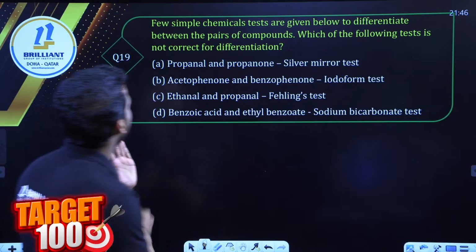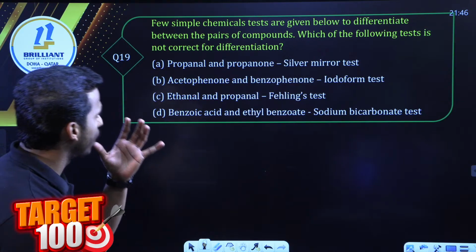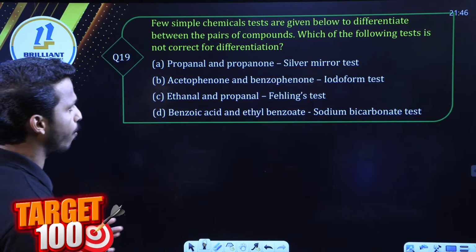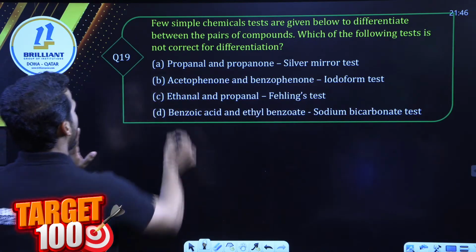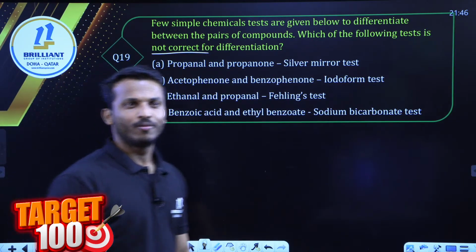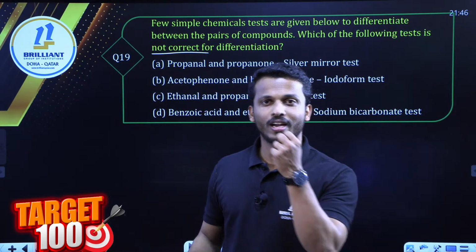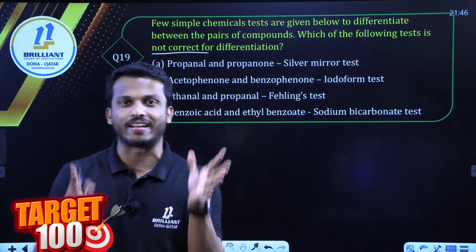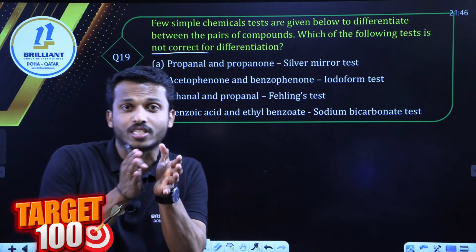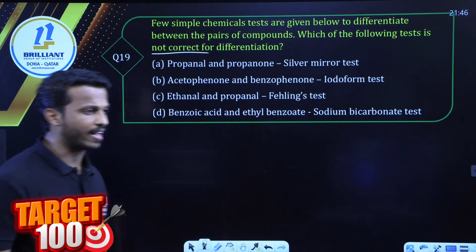A few simple chemical tests are given below to differentiate between pairs of compounds. Which of the following tests is not correct? Which of the distinguishing tests is not correct? Tell me, dear all, the correct answer.